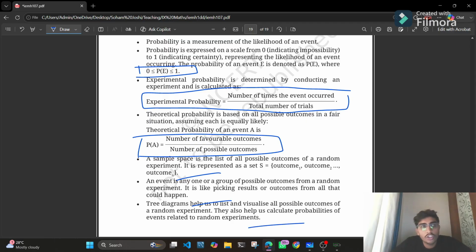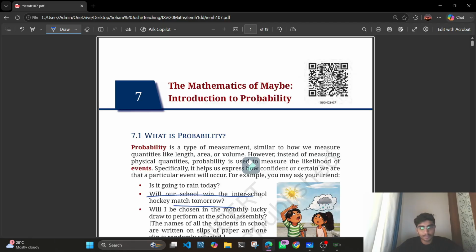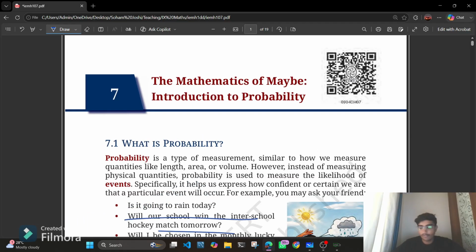I hope you have understood all the concepts and all the examples that we have solved in this video. So go through the chapter once, read all the concepts, visit them regularly, revise them, and solve all the questions. Probability is something that you should solve on your own. The more you solve it on your own, the clearer your concepts get, and you can understand, predict and assume things easily.